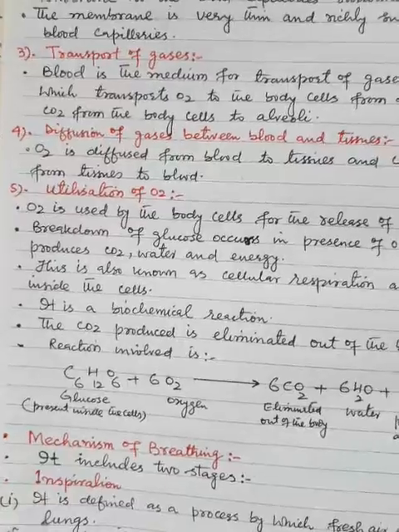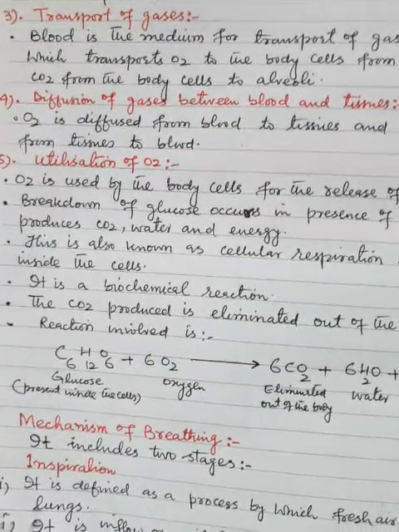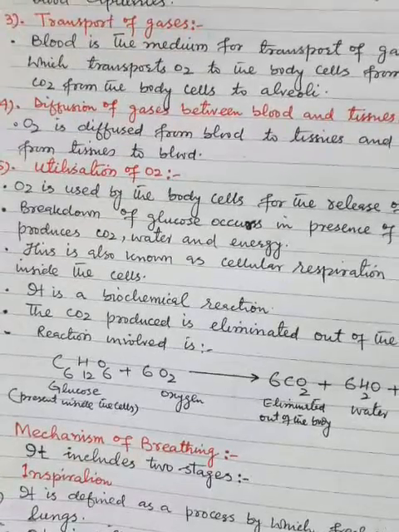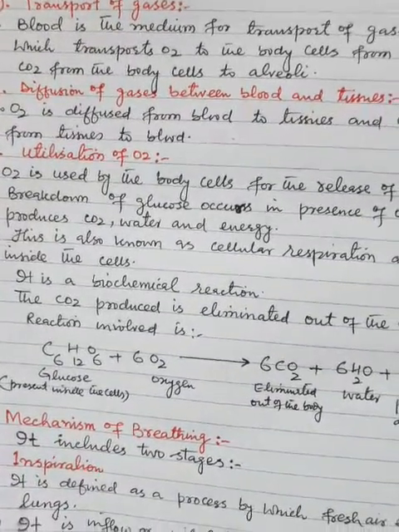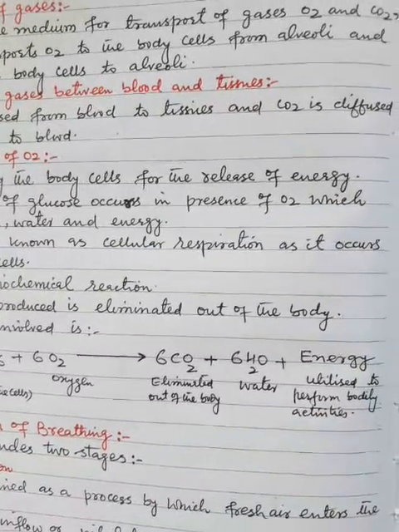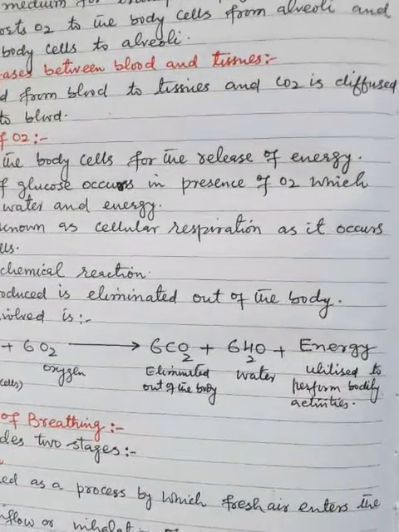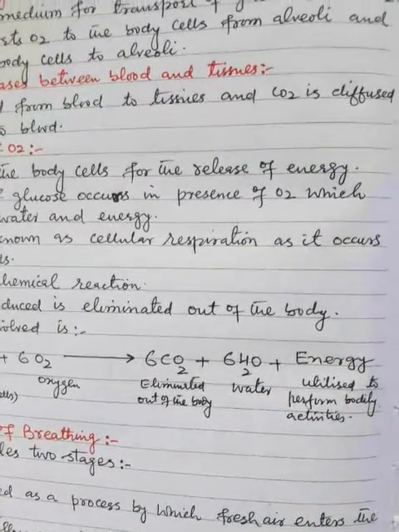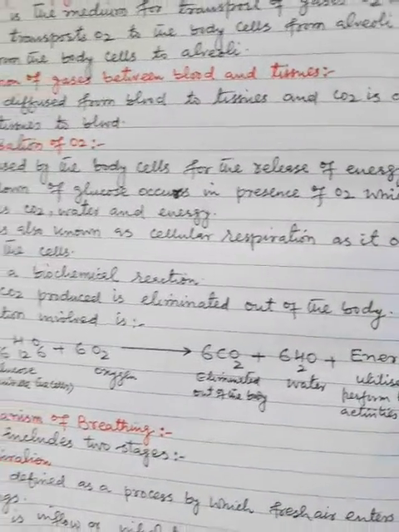The reaction involved is C6H12O6, that is glucose present inside the cell, plus 6 O2, that is oxygen, gives 6 CO2, which is eliminated out of the body, plus 6 H2O plus energy. This energy is utilized to perform bodily activities.